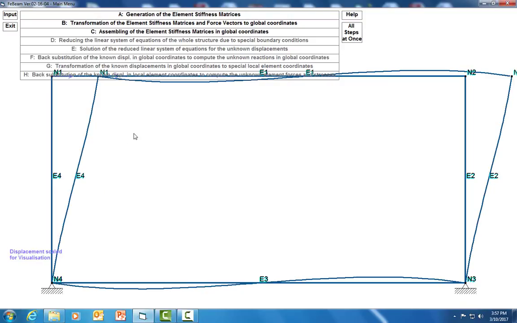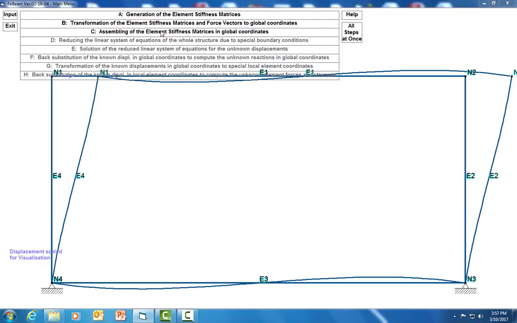And so we see here the deformation, but later we see the exact deformations. So the transformation is done of the 4 stiffness matrices.